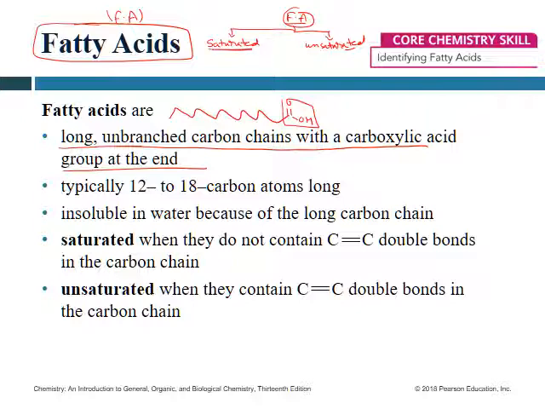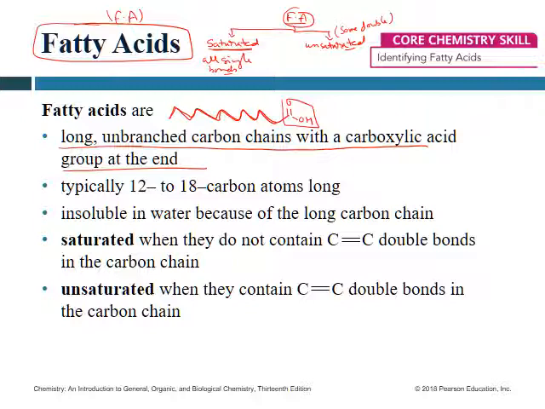When this long carbon chain doesn't contain any double bond, so all are single bonds in a long chain of carbon. Whereas unsaturated means you might have some double bond in this long carbon chain of fatty acid, right?